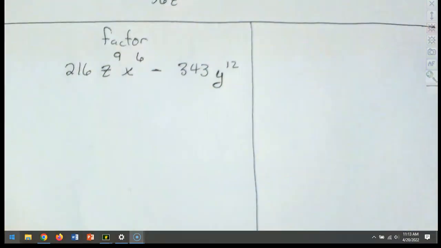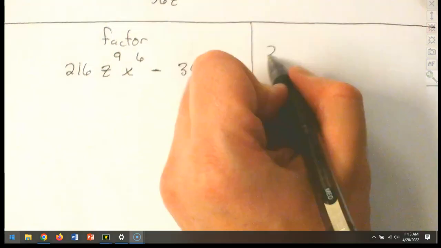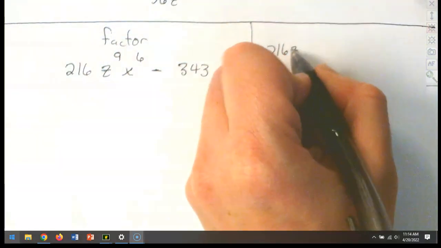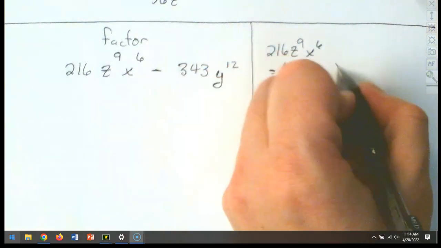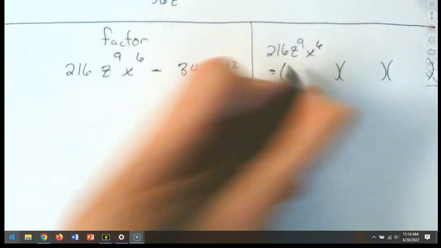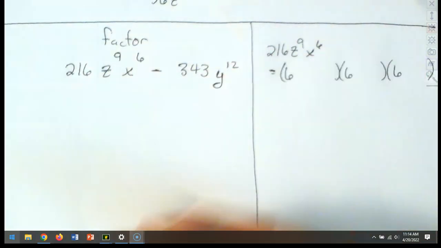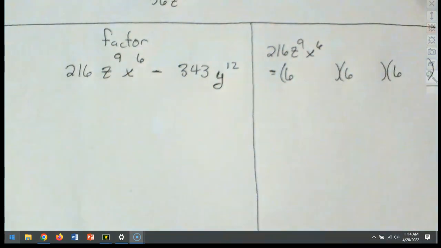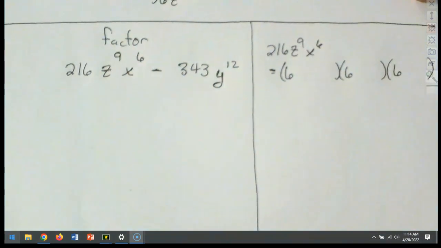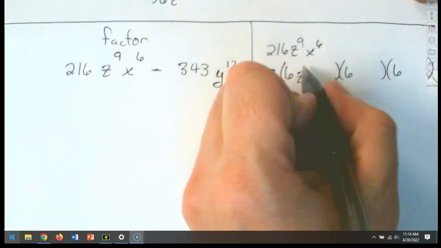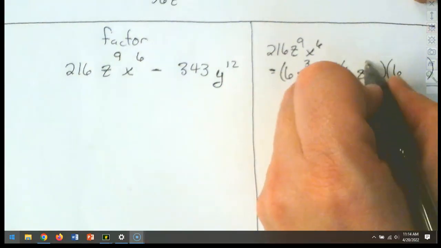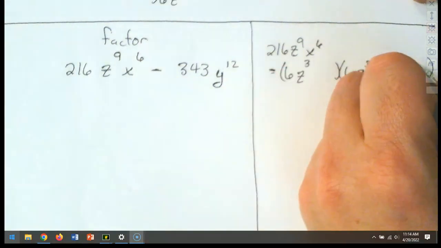Okay, 216. Well, 216, if we go back and look, 216 is 6 cubed. So 216 z to the 9th, x to the 6th. What do we do? We take the cube of the number, right? And then we look at our variables. What do we do with our variables? Split them in 3s. So z to the 9th, 9 divided by 3 would be a 3. So that's z cubed, z cubed, z cubed.